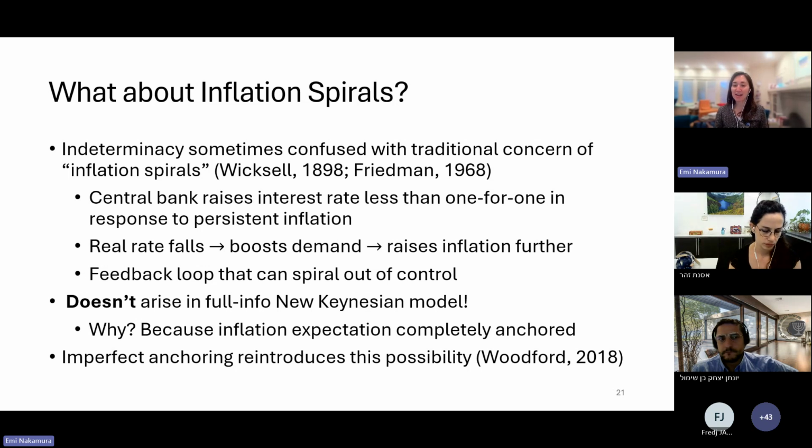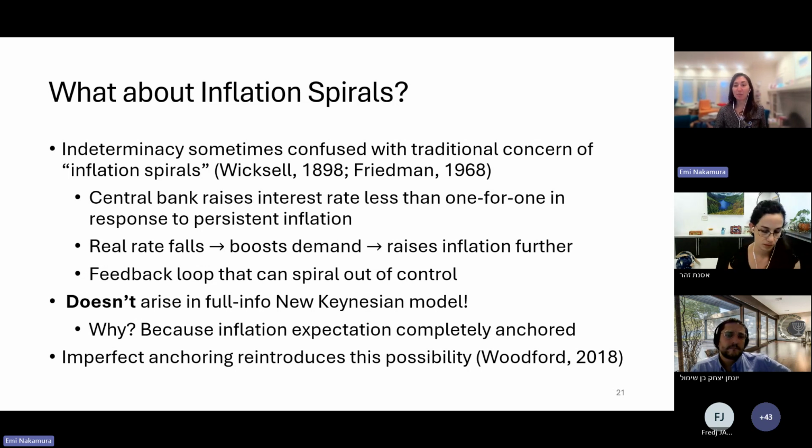And the reason is that the standard new Keynesian models that central banks often use assume that people believe in the inflation target of the central bank. So, there was a question earlier about inflation targeting. In these models, we often assume that there's just complete credibility about the inflation target. And once you assume that, then the economy will return to steady state, even if the Taylor principle doesn't hold.